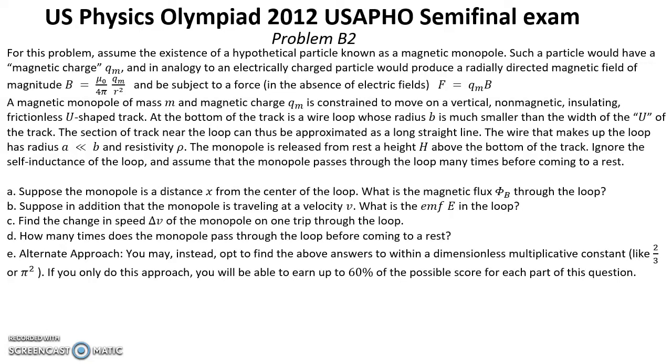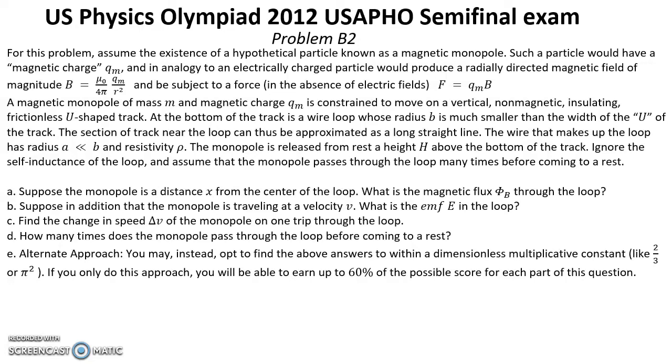The magnetic monopole of mass m and the magnetic charge Qm is constrained to move on a vertical, non-magnetic, insulating, frictionless U-shaped track. At the bottom of the track is a wire loop whose radius b is much smaller than the width of the U of the track.